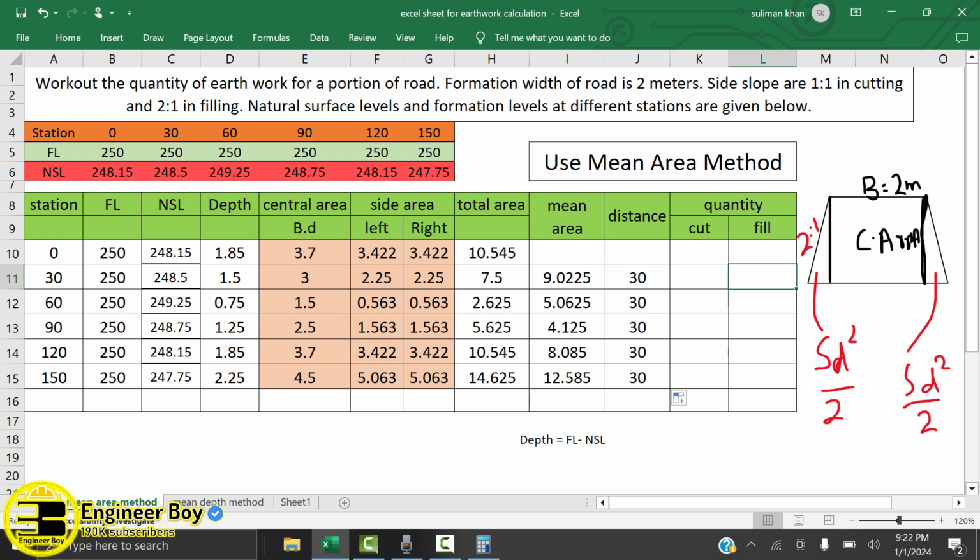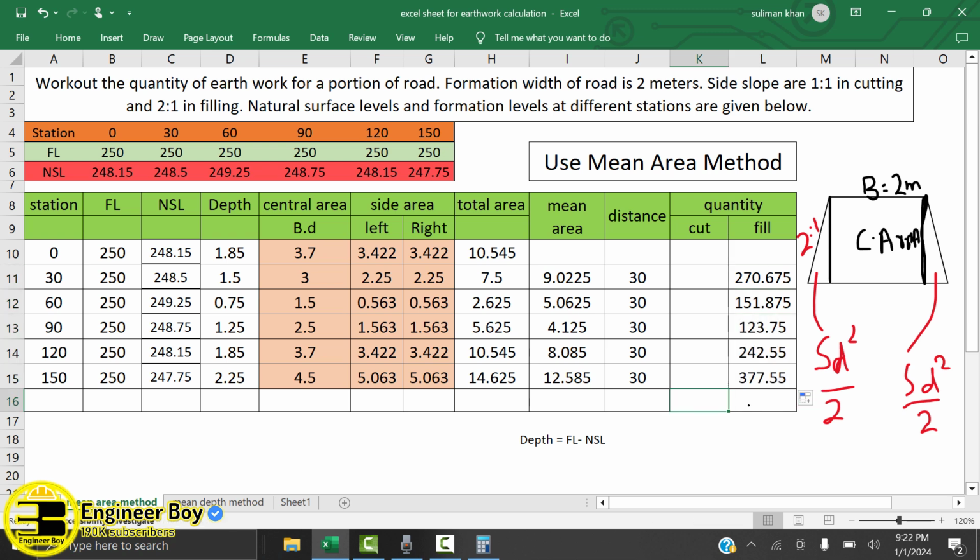Remember, volume is just the area times the distance. So we have the mean area, and then we will multiply that with the distance, which is of course this cell, and then close the bracket and press enter. Now apply the same formula to all stations. As you can see, pretty cool.